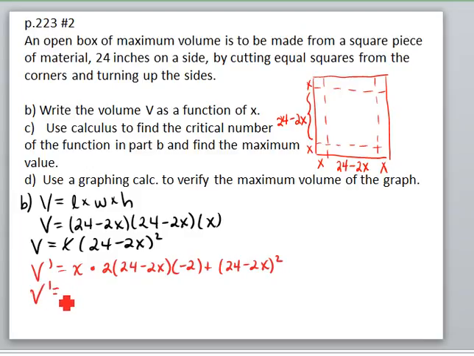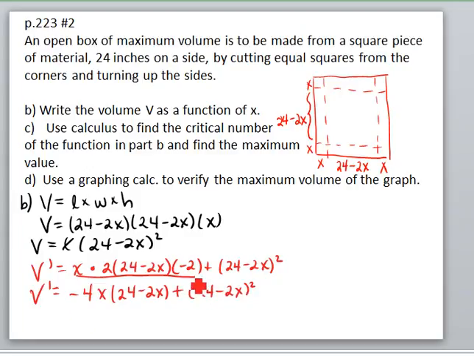So what this ends up giving me is negative 4x, rewriting the first term, times (24 minus 2x), plus (24 minus 2x) squared. Now, there's no easy way to go about solving for this.